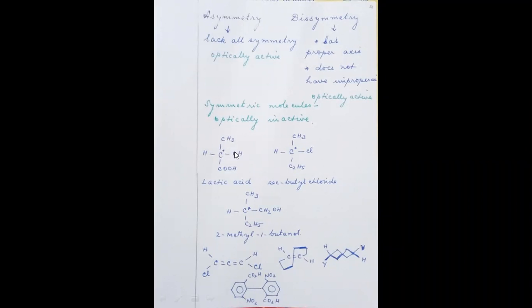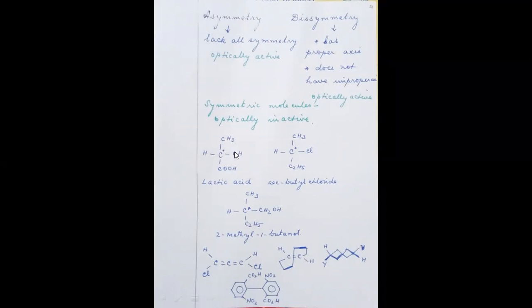If the vibration is restricted to only one plane, then it is called a plane polarized light. So when this plane polarized light is passed through a solution containing an optically active substance, then the vibration plane will be shifted, will be turned either towards right or towards left. This is called optical activity.